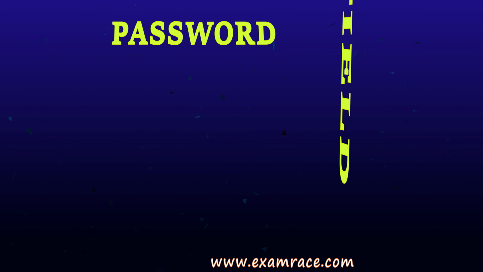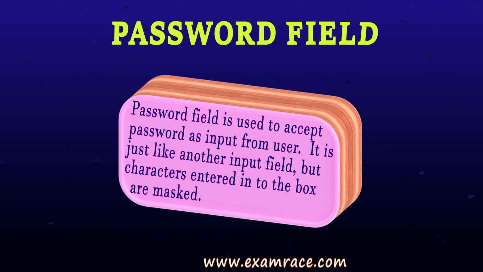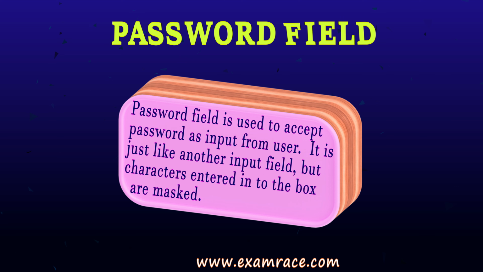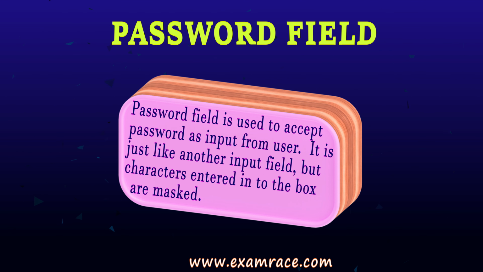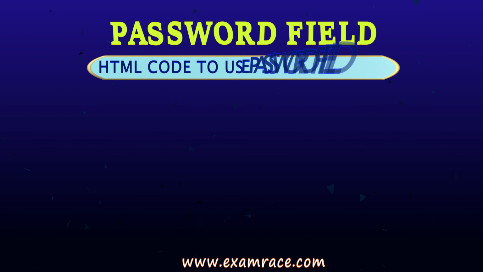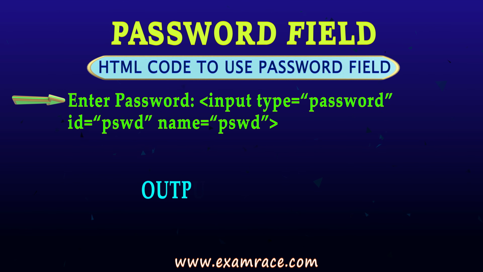So next we are having password field. Password field is used to get the password from the user in the form of dots, so that it must be encrypted. It must not be displayed as it is in the text box. Here we need to give the type as password. So this is the password field.